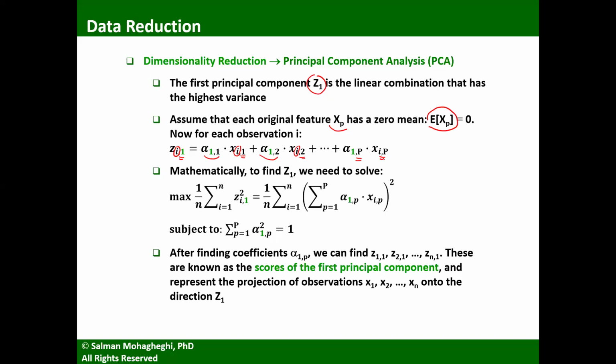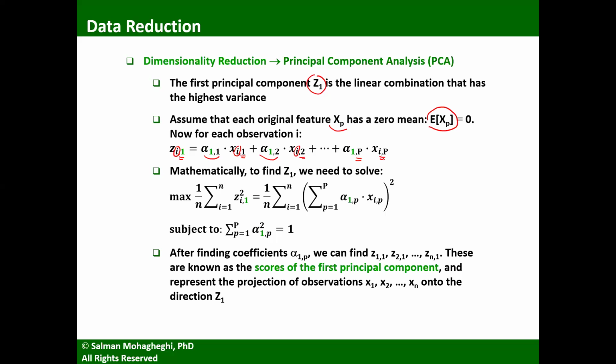Again, alpha 1p's in this case would be the loading coefficients that map these original dimensions x1 through xp onto the first principal component, z1.